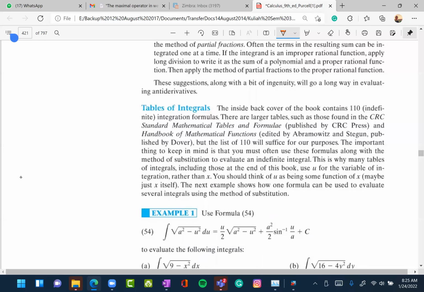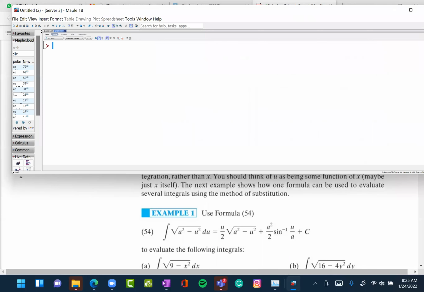All right, I'll show you how to deal with Maple. The instruction is easy, just int.